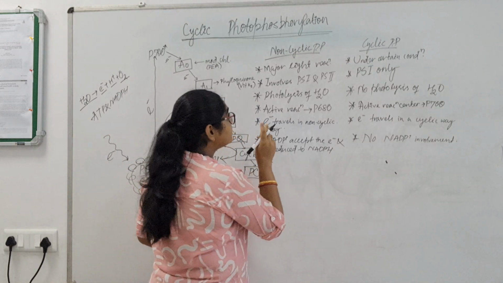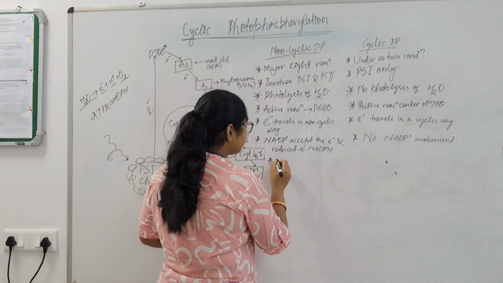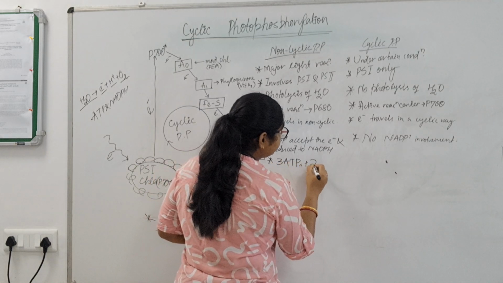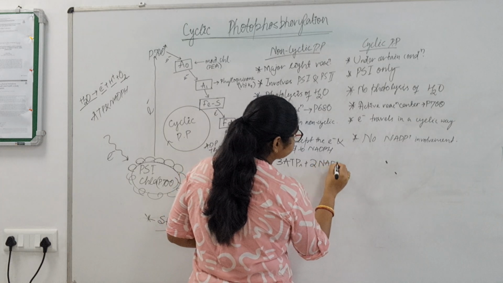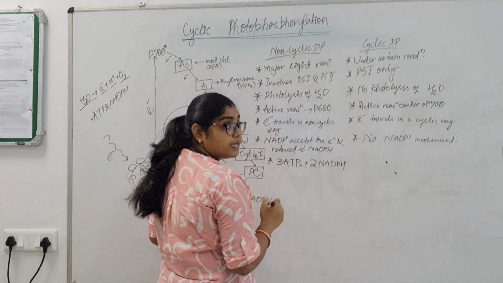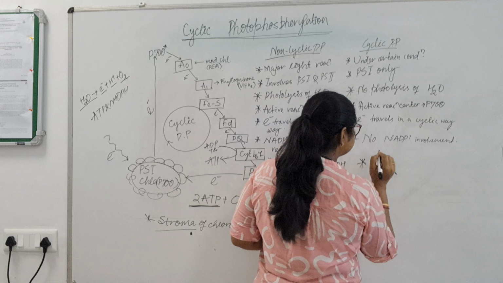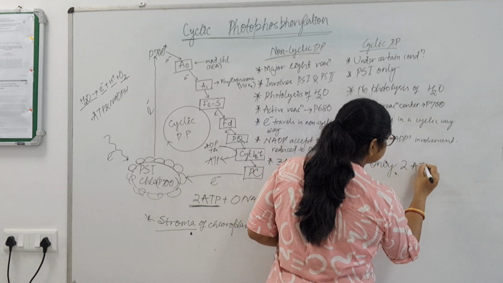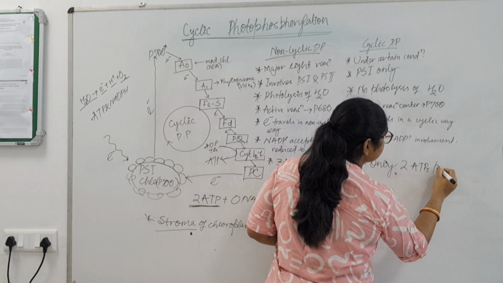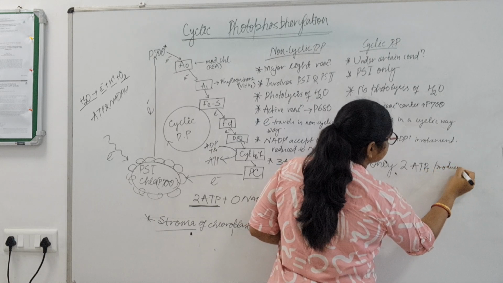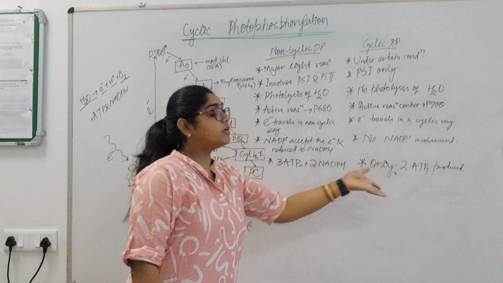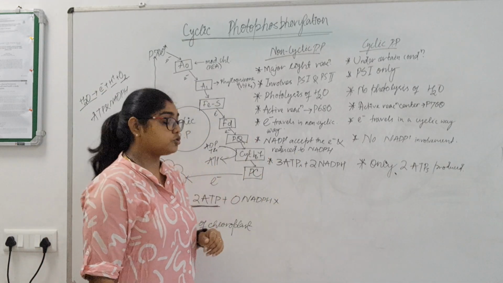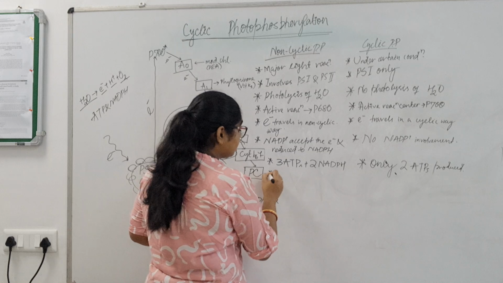In the non-cyclic pathway, each reaction produces 3 ATP and 2 NADPH. In the cyclic pathway, it produces only 2 ATP.